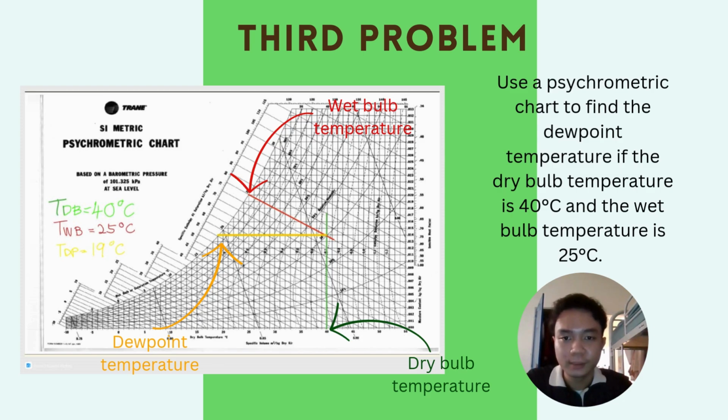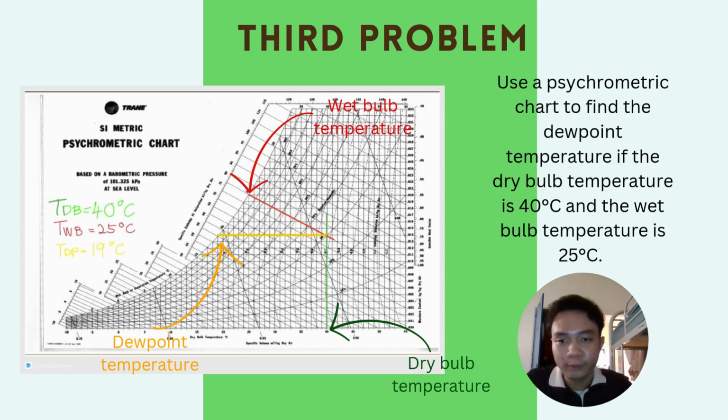Now let's move to the third problem. Use a psychrometric chart to find the dew point temperature if the dry bulb temperature is 40 degrees Celsius and the wet bulb temperature is 25 degrees Celsius. We can obtain the value of the dew point by using the dry bulb temperature and also the wet bulb temperature.